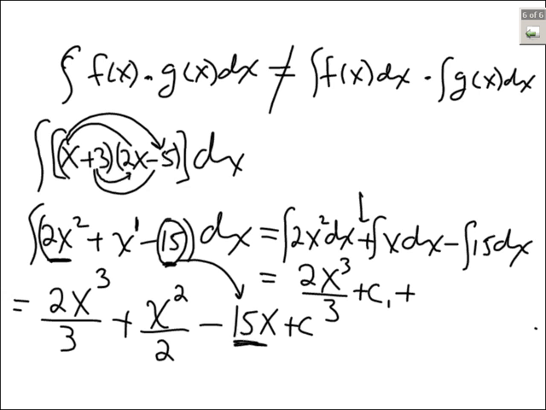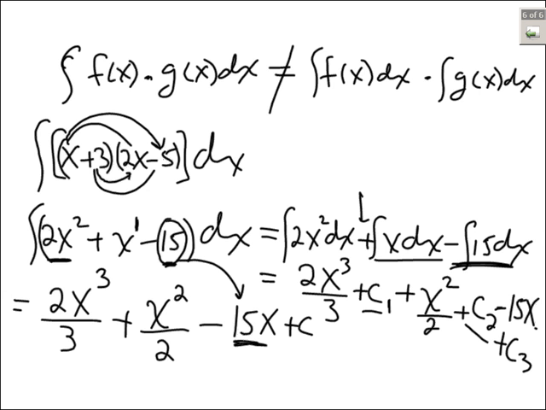Plus the antiderivative of x, which is x squared over 2 plus another constant. No reason to assume it's the same constant, so call it c2. Minus the integral of 15, which is 15x plus c3.